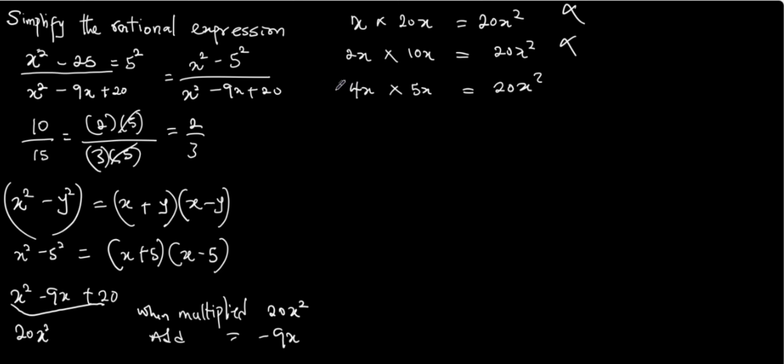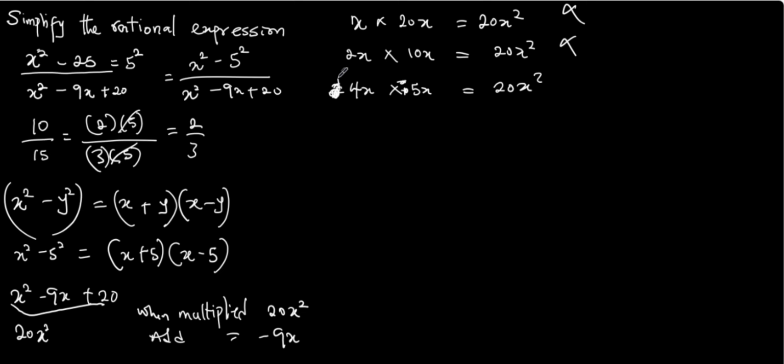So if I have plus 4x and plus 5x, plus times plus will give me positive 20x squared, but positive 4x plus positive 5x will give me positive 9x, which is not what we are looking for. So we definitely cannot use positive. If I use positive and negative, positive times negative will give me negative 20x squared, so we definitely cannot.